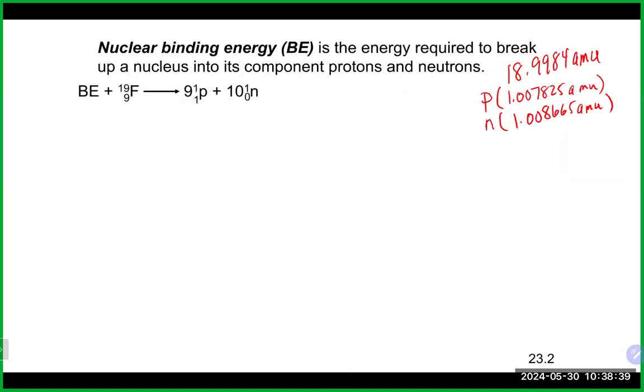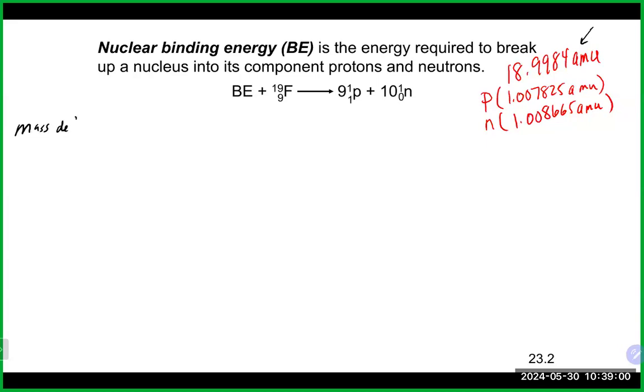So for example, if we were looking at fluorine-19 and we wanted to calculate the binding energy per nucleon, and this was the atomic mass of that isotope, 18.9984, the first thing we would want to do is calculate the mass defect, which again is the difference between the protons and neutrons and the mass of the isotope. In this case, we know the number of protons here is 9, as that's the atomic number.